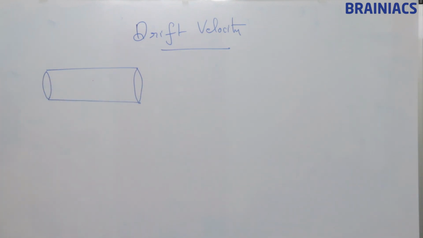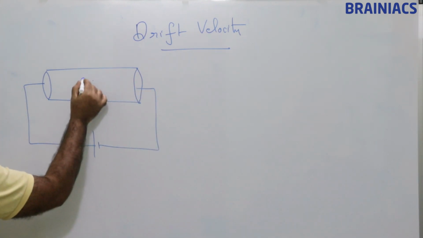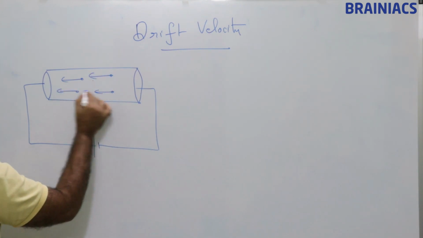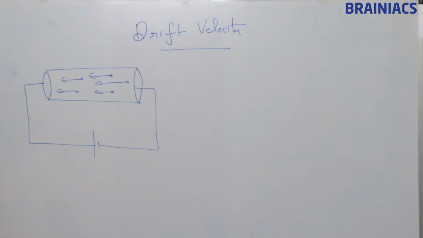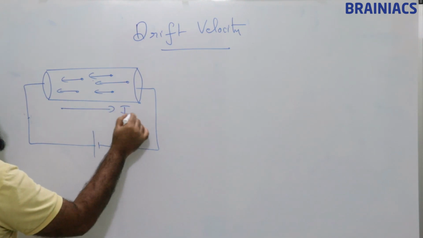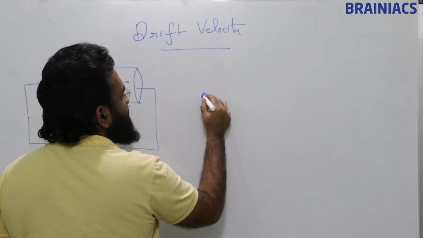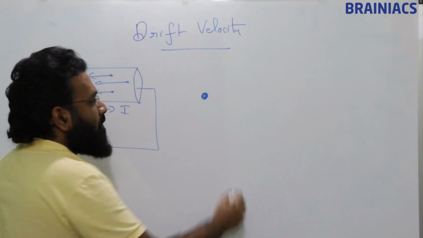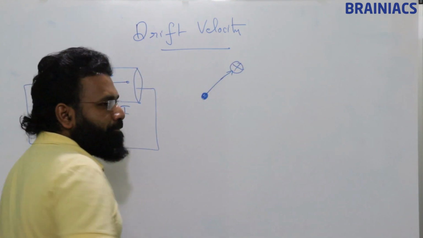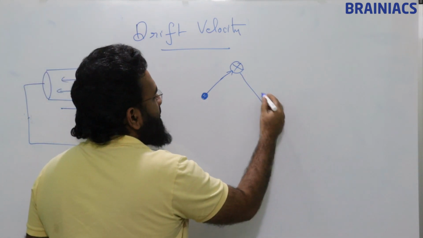So here there will be a lot of free electrons. We connected a battery. So electrons will be drifting in this direction, and current will be passing like this. Suppose an electron is moving in this direction, it will be colliding with the kernel or another electron or with some positively charged ions, and it comes back.